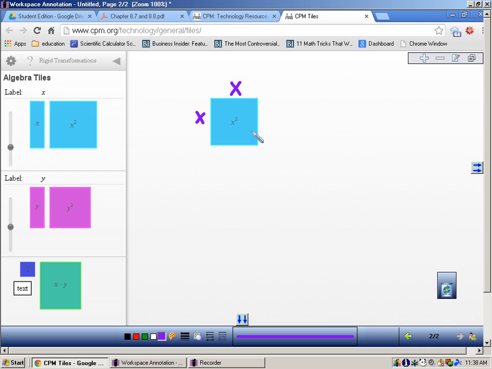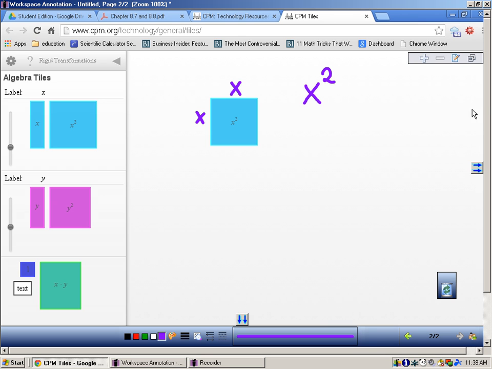The area would be x times x, or x squared. And so I have a quadratic. It's a simple one with just x squared written. That's my quadratic, and that's the area model of that quadratic.